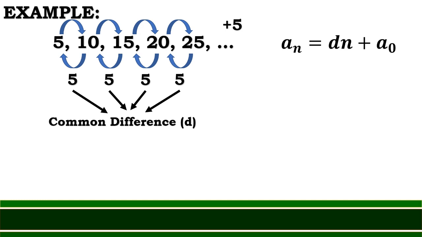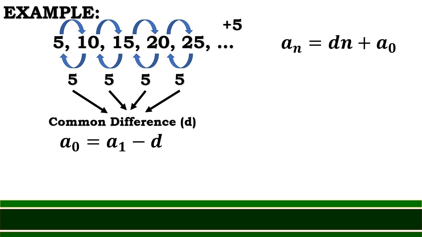Now, yung A sub 0 naman natin, we are going to subtract the first term and its common difference. Okay, so paano natin kukuha yung A sub 0? So, the first term and its common difference. Nakuha natin yung common difference kanina nung sinubtract natin yung preceding terms sa kanyang previous term.